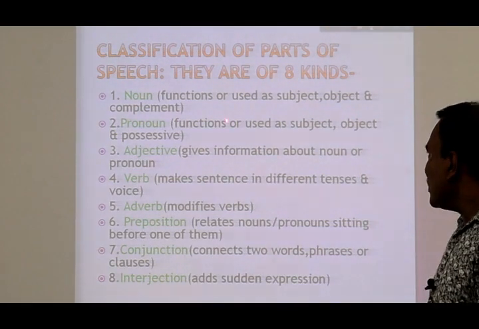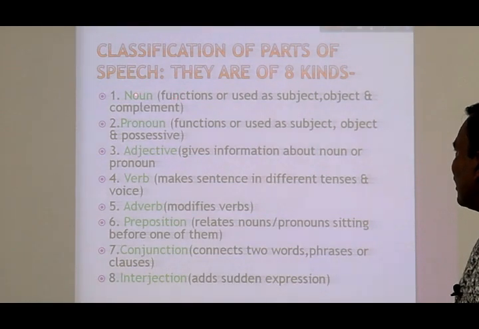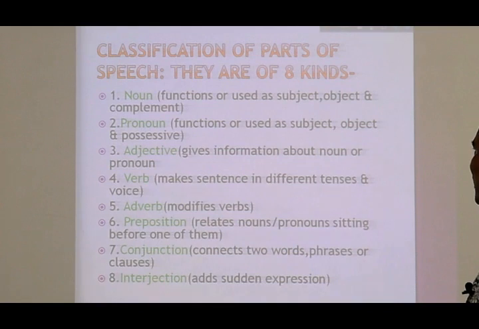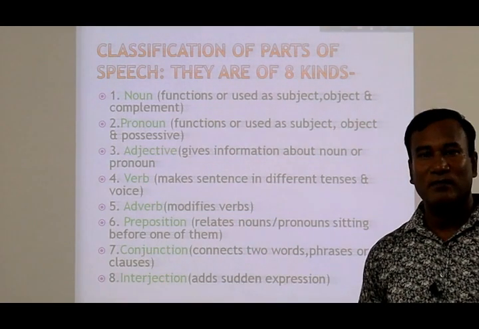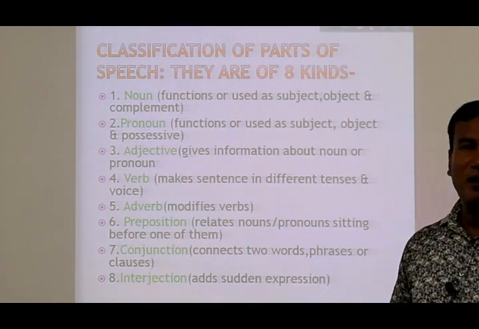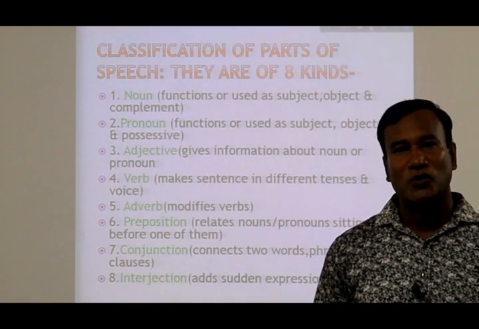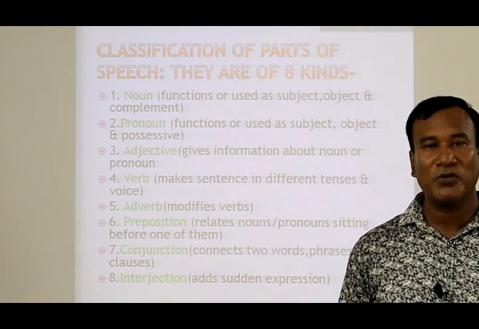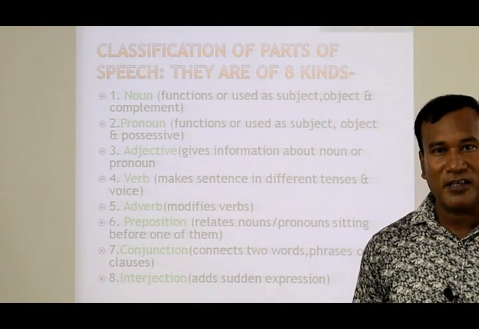Okay, you see, beside every part of speech, there is a definition. This is a functional definition. You know, traditional definitions are not suitable for communicative English. We should learn functional definitions.